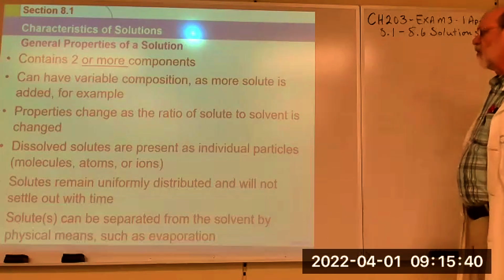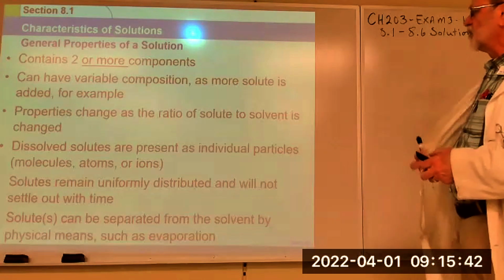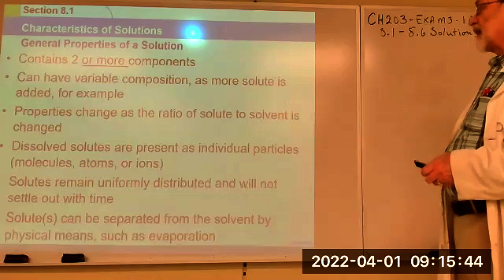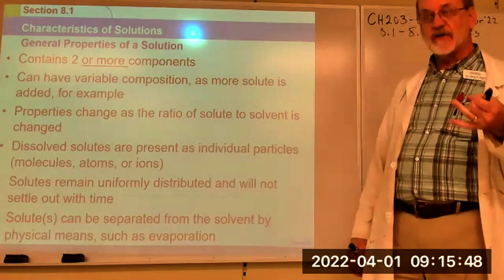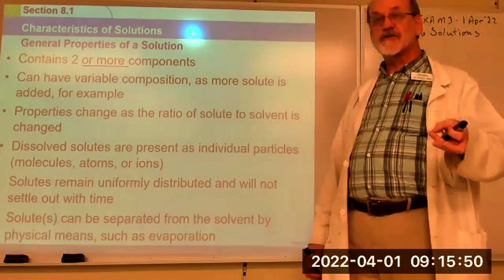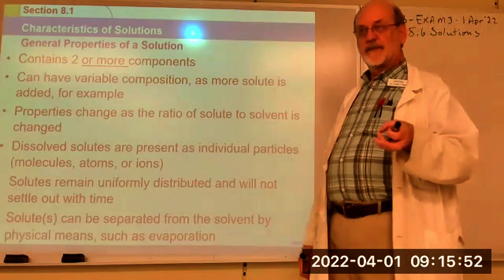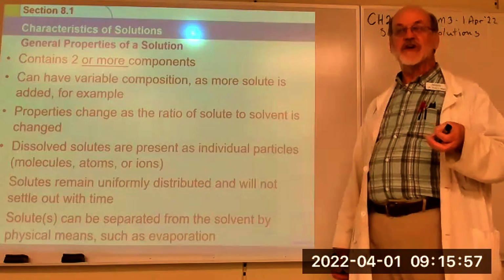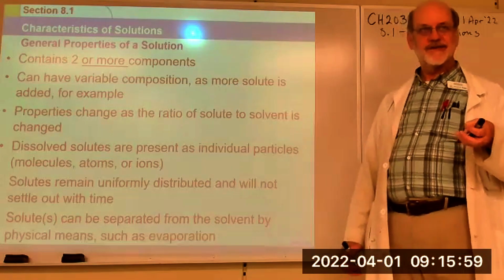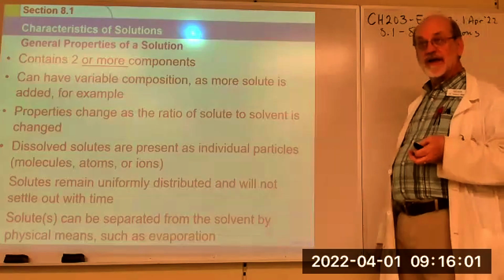Okay, general properties of a solution. They can have two or more components, right? You've always got to have the solute and the solvent, and you can have lots of solutes if you want. Any biological fluid will have just dozens of solutes. Take a sample of your blood.